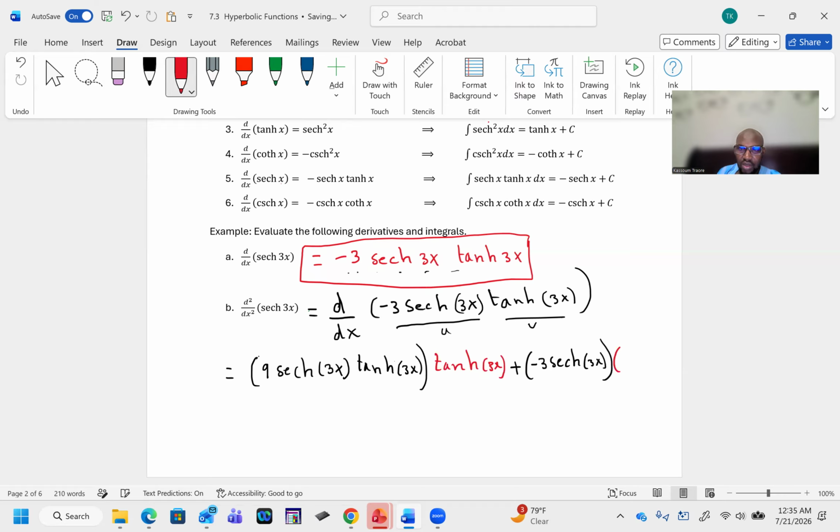3 sech squared of 3x, right? Now the rest is algebra. I'm trying to simplify. So I will have 9 sech(3x) times tanh squared of 3x, because if I distribute this, this times this will be squared.